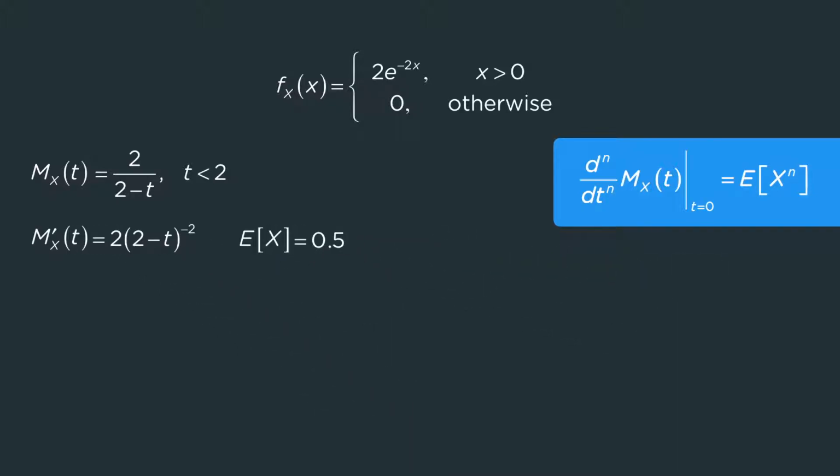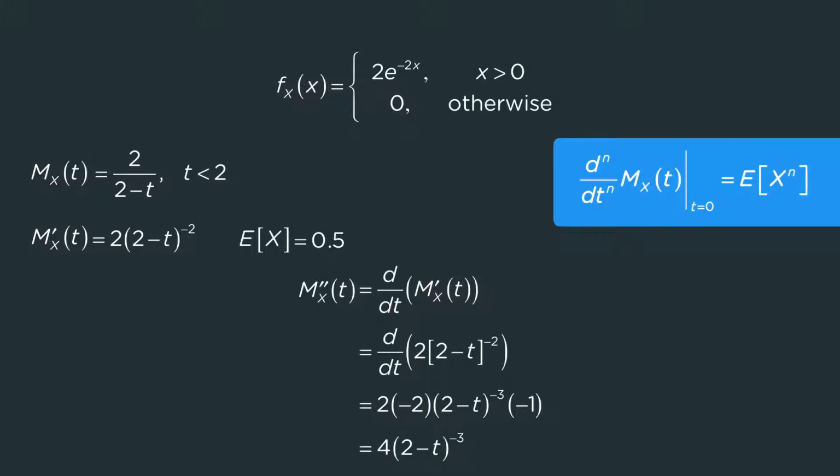Recall, x's moment 2 is needed for the variance, so calculate the MGF's second derivative. Differentiating the first derivative creates 4 times the quantity 2 minus t raised to the negative 3. Assign t to 0 and calculate x's second moment as 1/2.